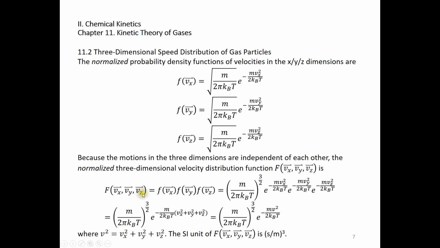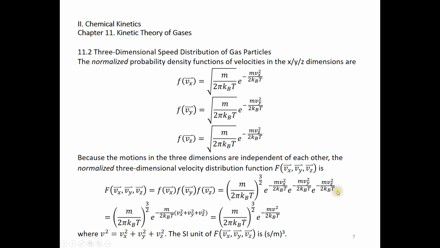That's why we do multiplication here. The probability of 3 events happening at the same time is equal to the product of the probability of event 1 happening at that time, multiplied by the probability of event 2 happening at that time, multiplied by the probability of event 3 happening at that time. That's the meaning of this.